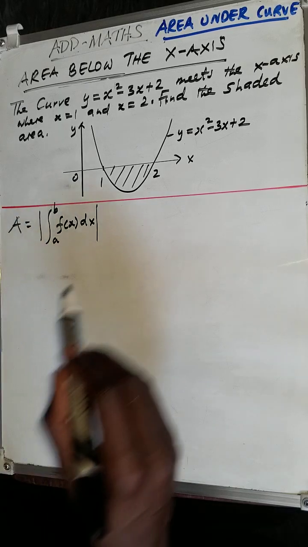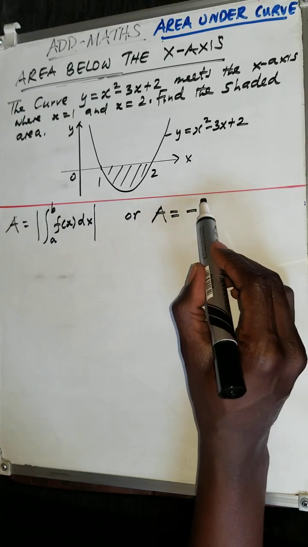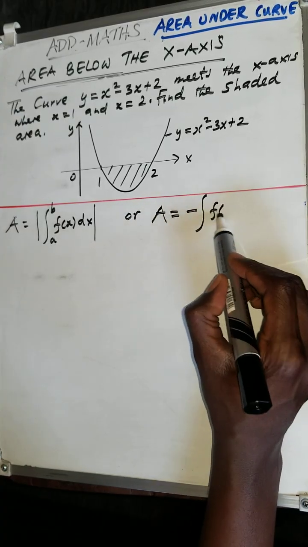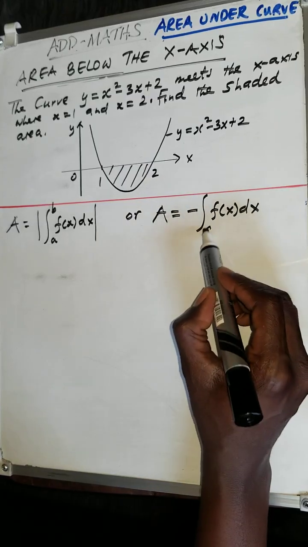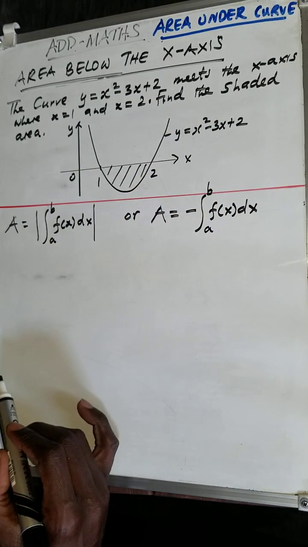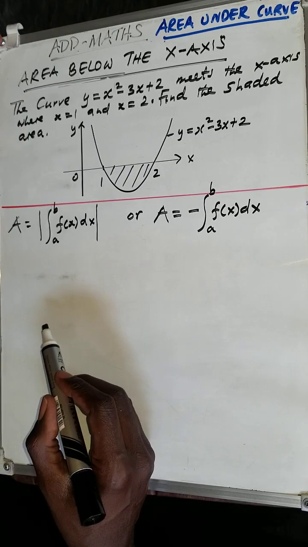Or, like I said, you can also say negative of the integral of the function with respect to x, where a and b represent the lower and upper limits. Whichever you choose to use is very much okay.